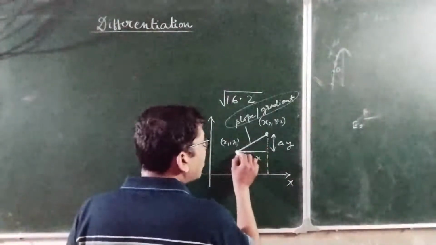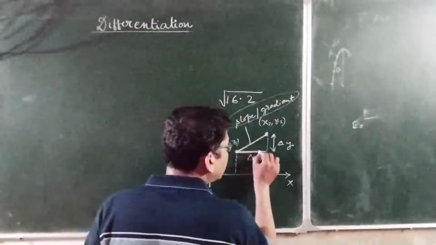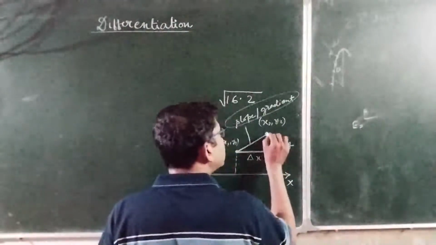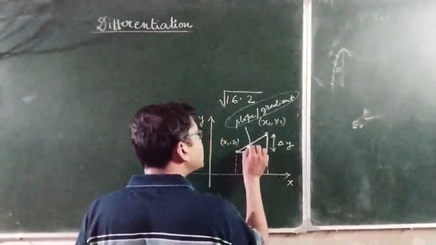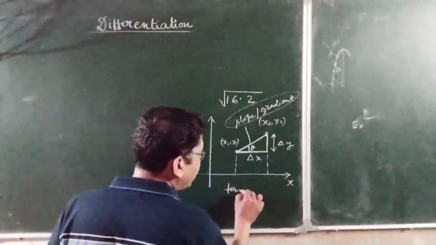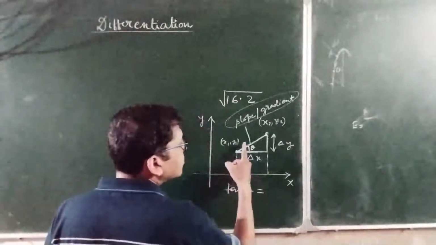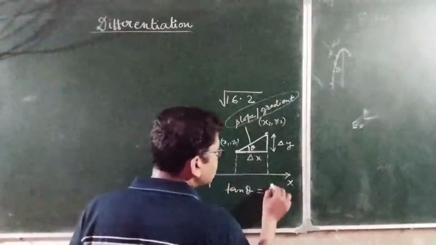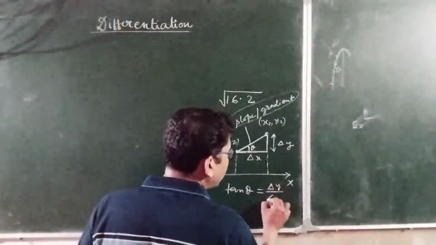That means you have to move here and then here. So it refers to this change in angle, which can be denoted by tan theta, perpendicular by base, that is del y upon del x.